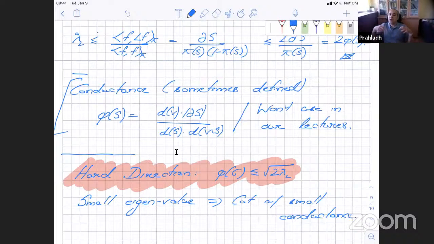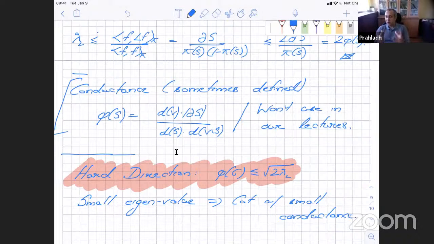So we will prove this stronger statement. You give me a vector which demonstrates that the second eigenvalue is small. You give me a function f on the vertices. The function f has the property that it's orthogonal to the all ones, and its Rayleigh coefficient, f transpose L f over f transpose f, is small. It's not too large.